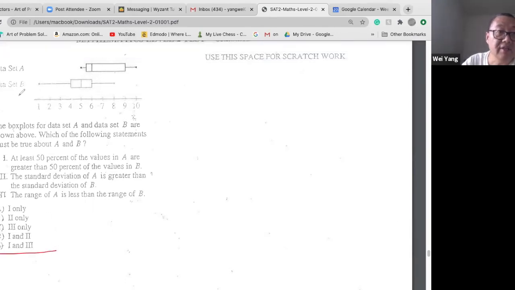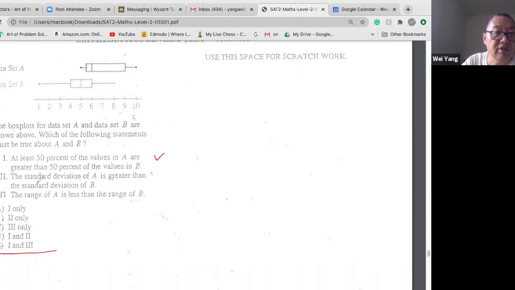Okay, data set A, data set B. The box plots for data set A and data set B are shown above. Which of the following statements must be true about A and B? At least 50% of the values in A are greater than 50% of the values in B. Yeah, this one's true.